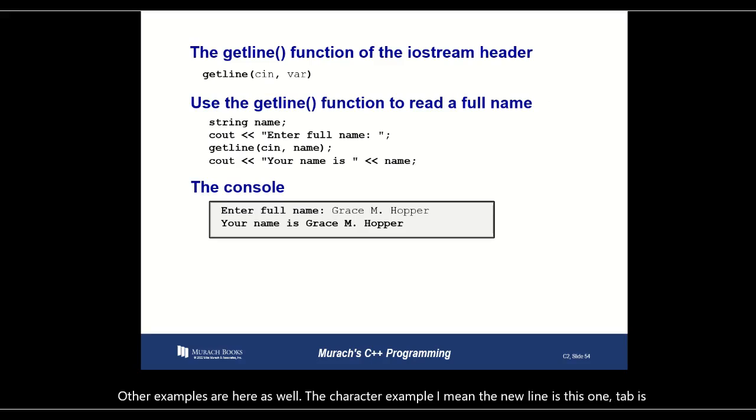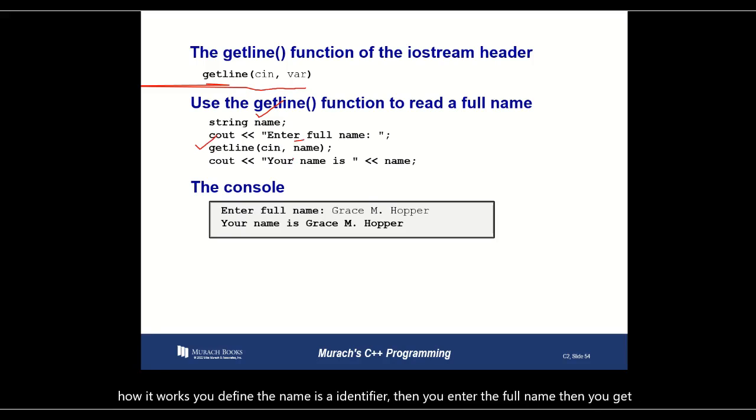Now comes an important thing, getline. You remember that we did cin variable 1, variable 2. Getline is another solution to read line by line. So getline basically reads a line. You define the name, an identifier, then you enter the full name, then you use getline.